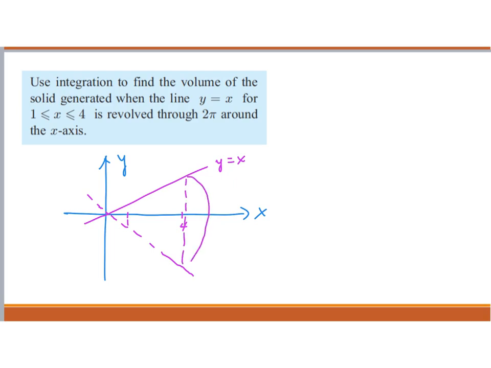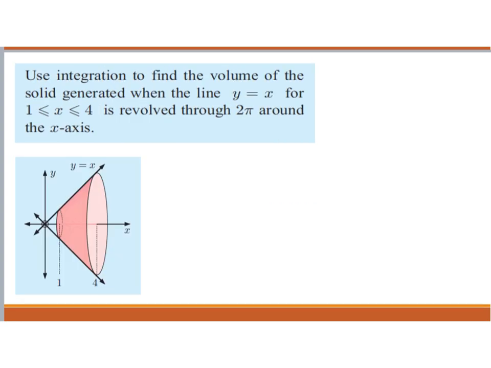So the figure formed will be this. Nice picture of the diagram. So what we do to find the volume will just be V equals pi times the integral from 1 to 4 of y squared dx. Now because y is equal to x, it will just be the integral from 1 to 4 of x squared dx.